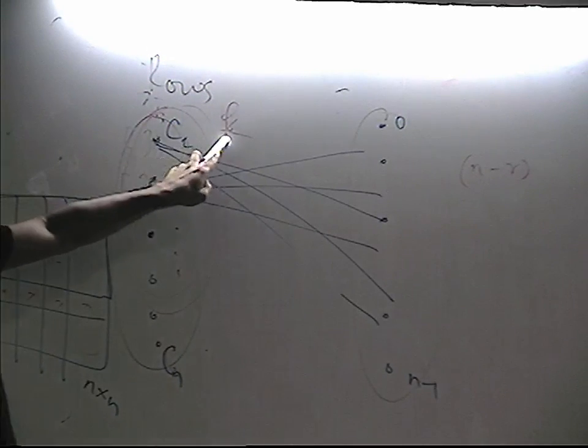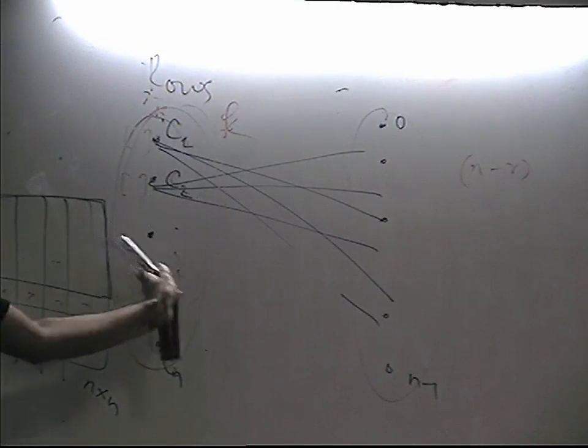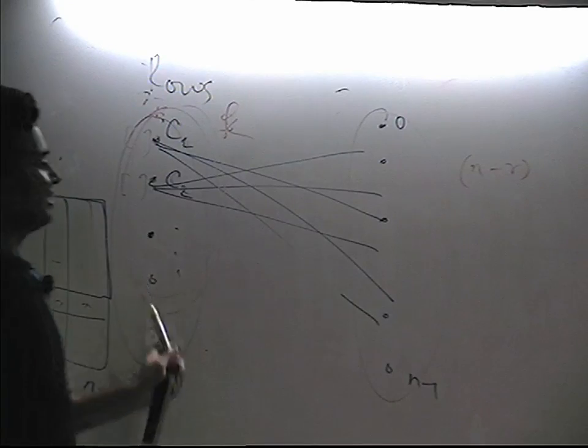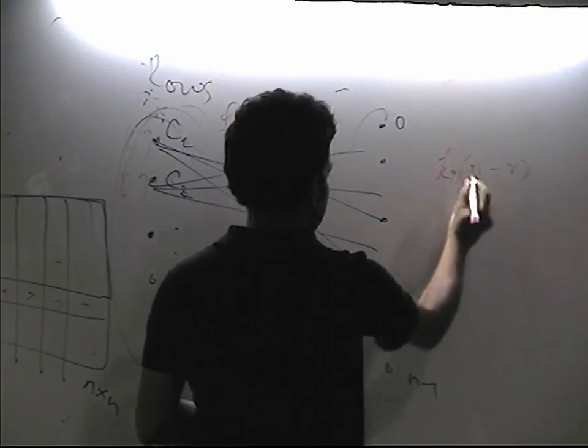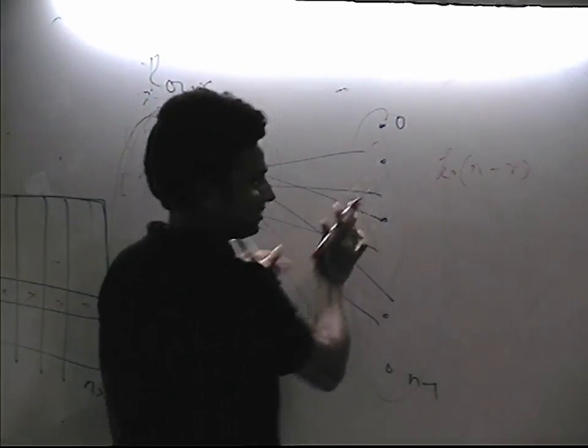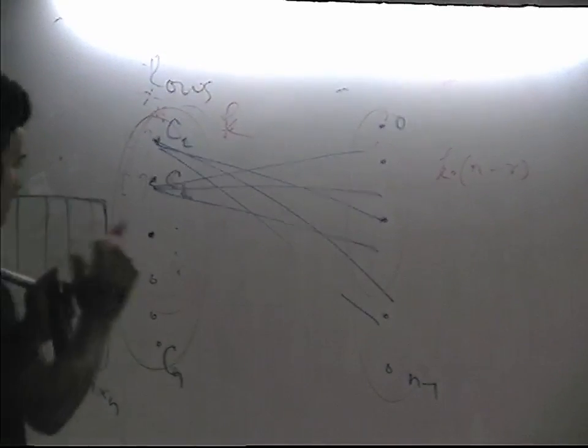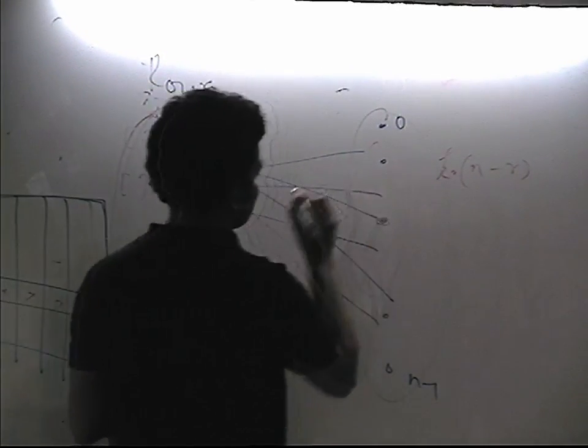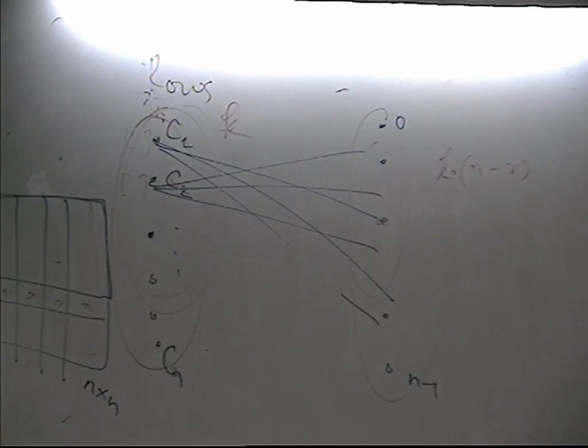So if I have a set of size k, how many edges will it send out? K into n minus r. Now all these edges have to be consumed by this set on the right side. Now ask how many edges come to a vertex on the right side. A particular number gets hit from how many columns? It's slightly tricky.